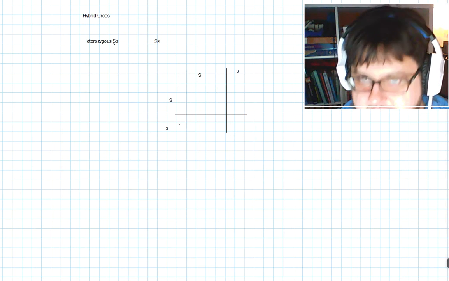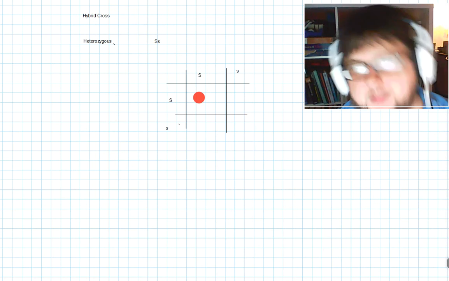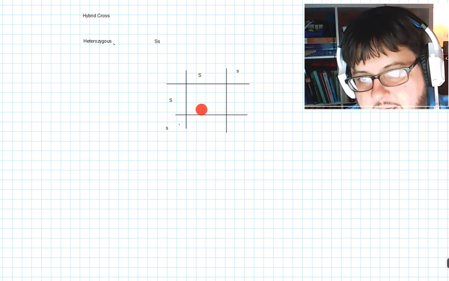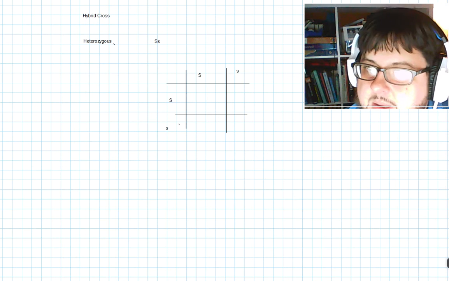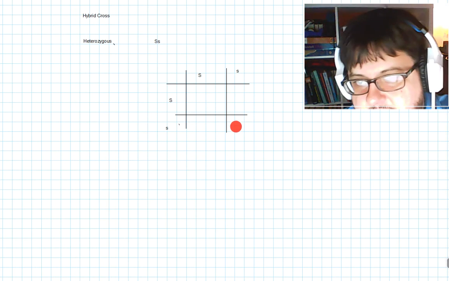we take this individual, this big S, and put it here and here. Basically any of these rows that they can be in, you put them. The little s, same way, it goes here and here.